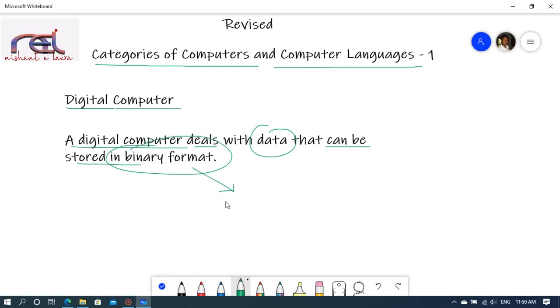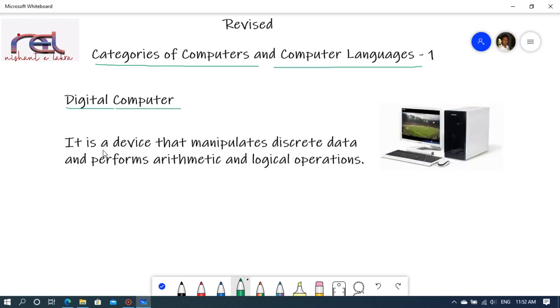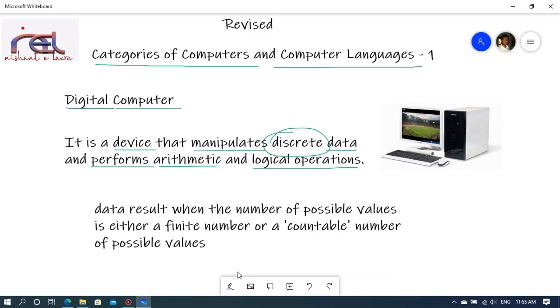So a digital computer stores data in the form of binary format, 0 and 1, right? And you have learned before what is this 0 and what is 1. It is a device that manipulates discrete data and performs a lot of arithmetic and logical operations.